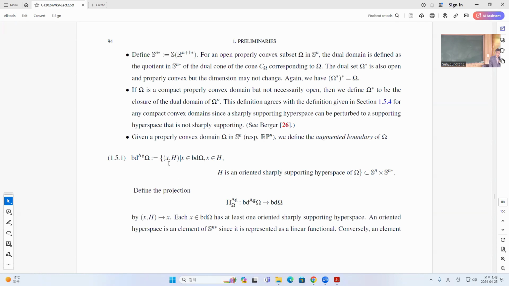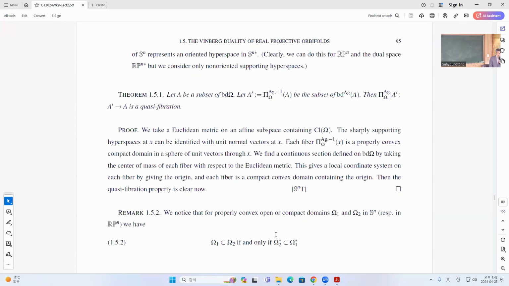So instead of just the boundary points, you add these hyperplanes meeting the boundary of omega, so you enrich the boundary notion. We can always define, for some subset A, the inverse image, and this is a sort of quasi-fibration.